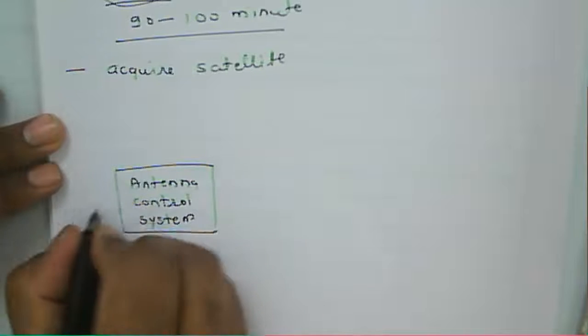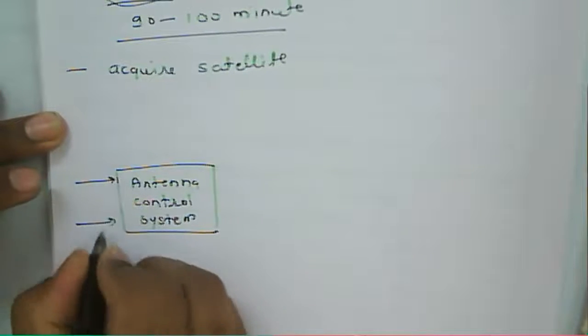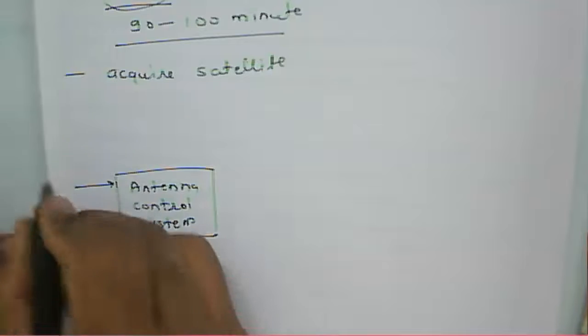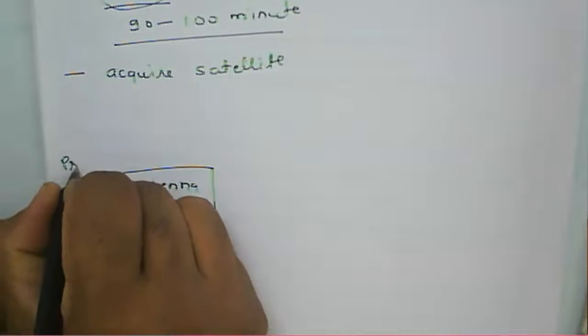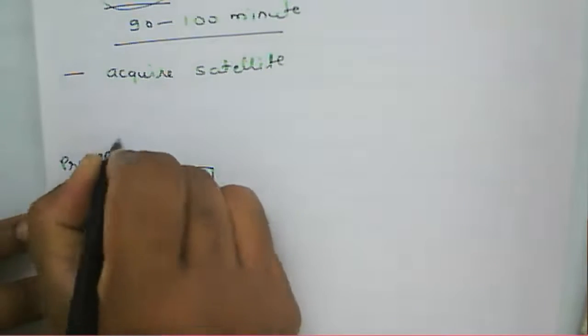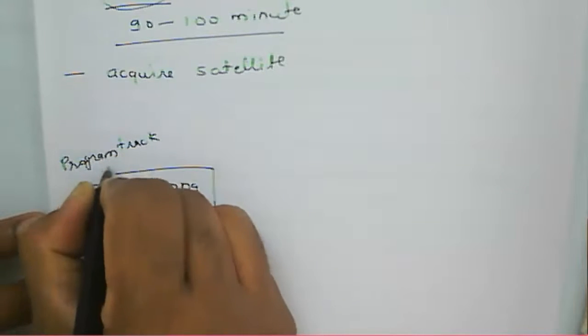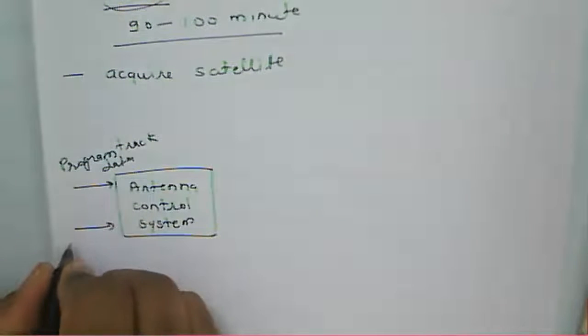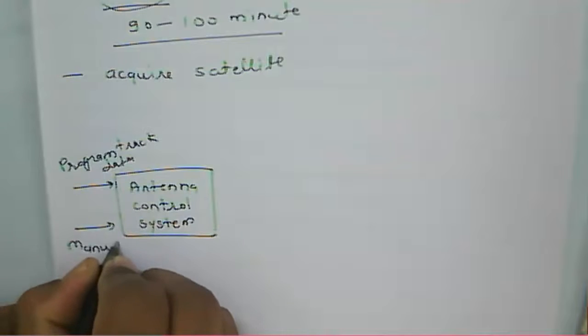To that antenna control system we can give input from program track data, or manual track data.